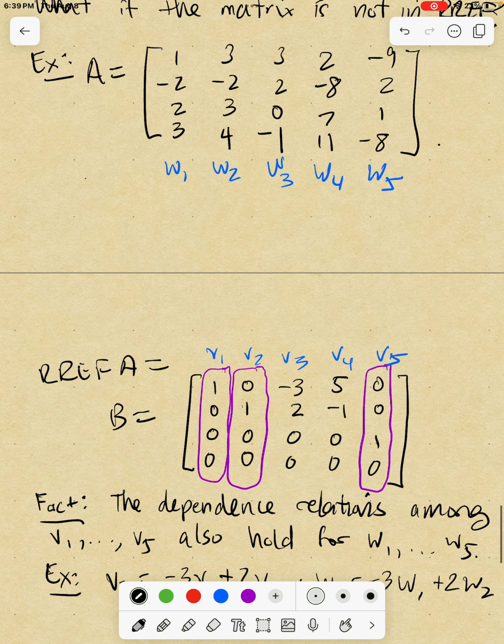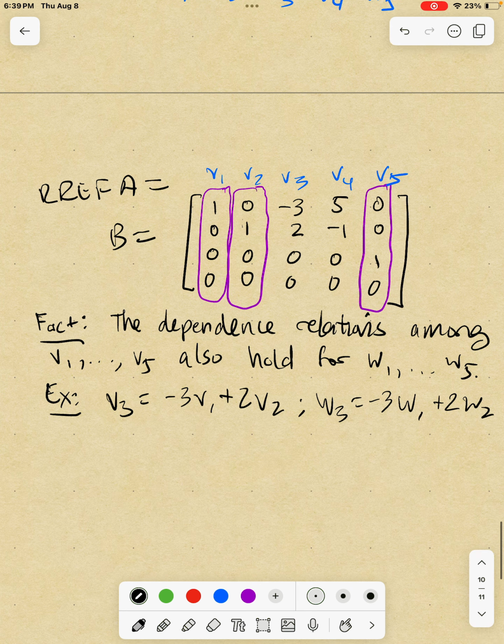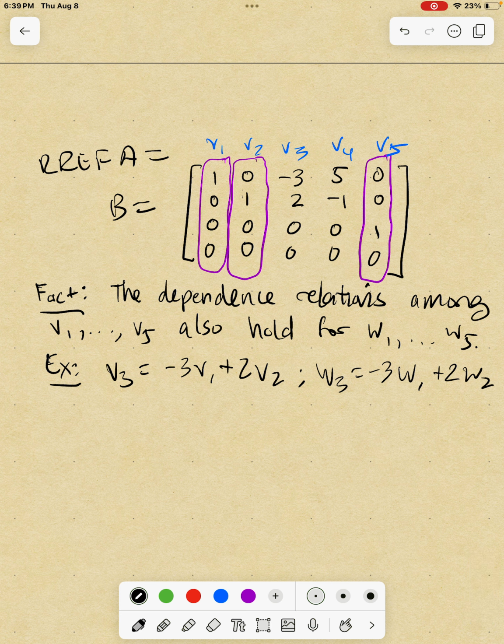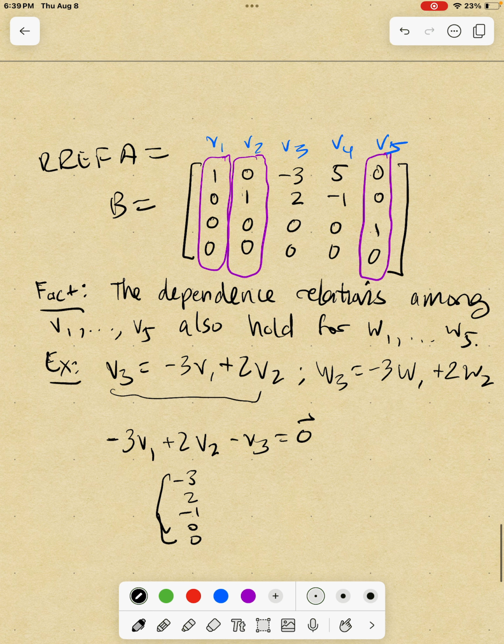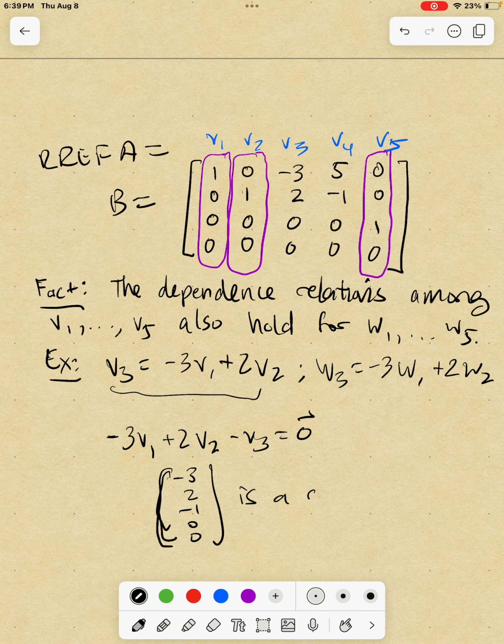And it turns out, okay, so why is this true? Basically, suppose that we know this is true. This says that one way to write this is negative 3 V1 plus 2 V2 minus V3 is the zero vector, right? So that means that negative 3, 2, negative 1, 0, 0 is a solution to Bx equals 0.